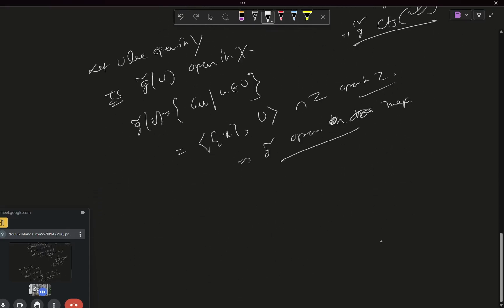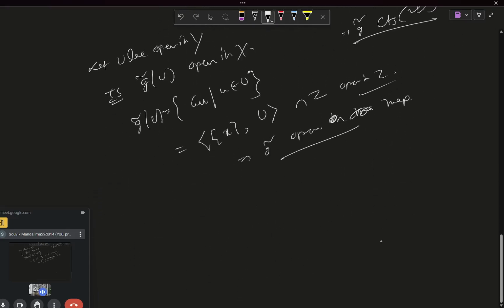So these together tell that g tilde is an embedding.